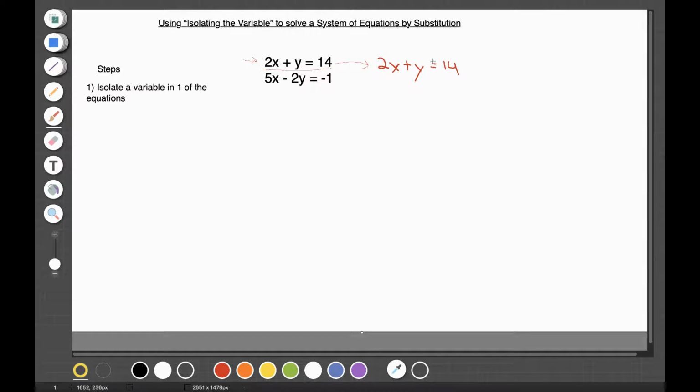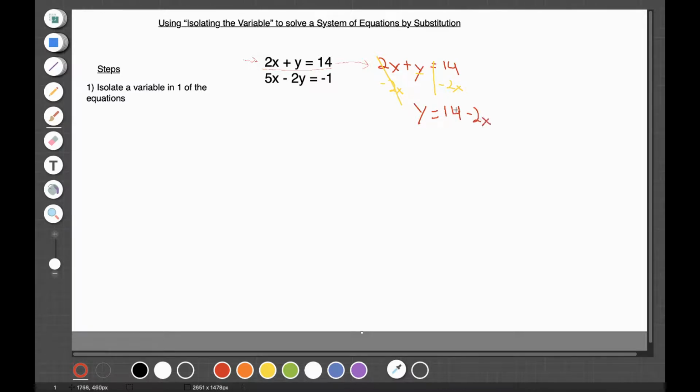So we're going to solve for y. Remember, that's what isolating a variable means. All I need to do is subtract 2x from both sides. I'm going to ask the question, are these like terms over here? Those cancel out, but over here, are they like terms? And you should have the answer, no, they are not. So therefore, it's just going to be y equals, pull down the y, 14 minus 2x.